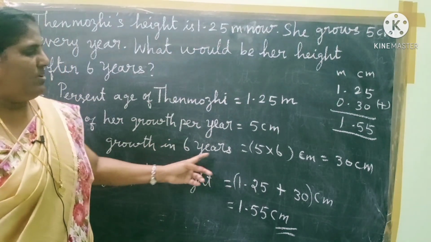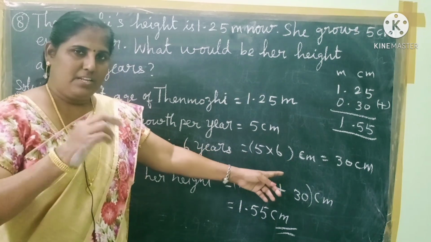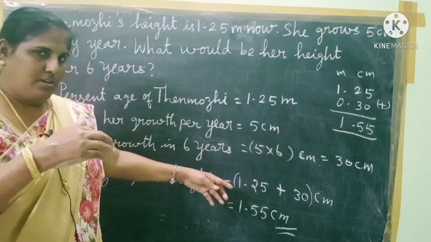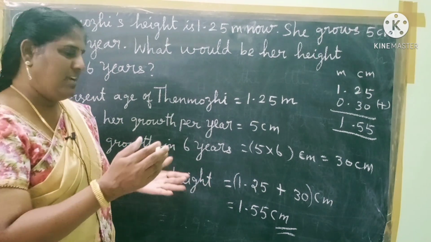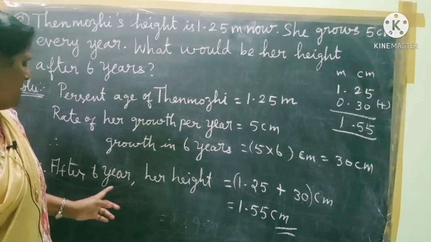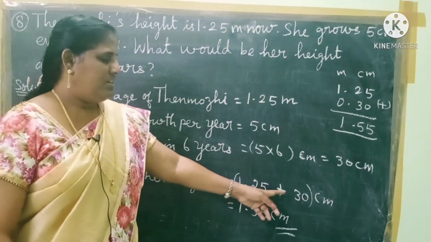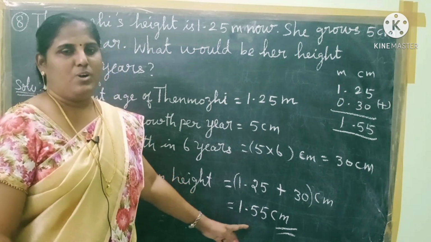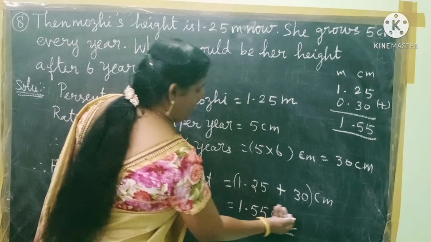So after 6 years, what was the height? She increased 30 centimeter. Increase means add. Her height will add up to 30 centimeter. So after 6 years, her height is 1.25 plus 30 centimeter. So total answer is 1.55 meter.